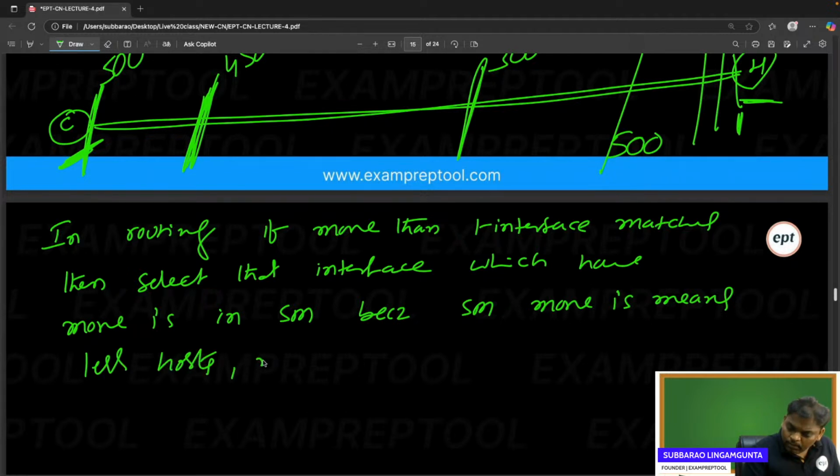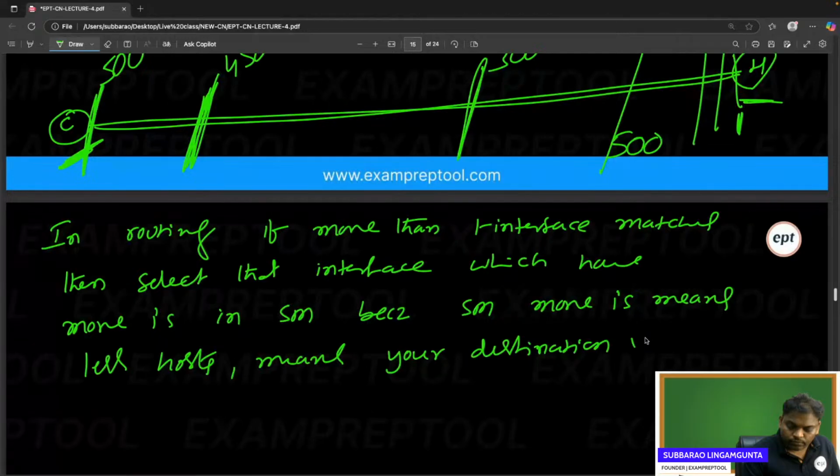That means your destination is very close. Means in between very few people are there.